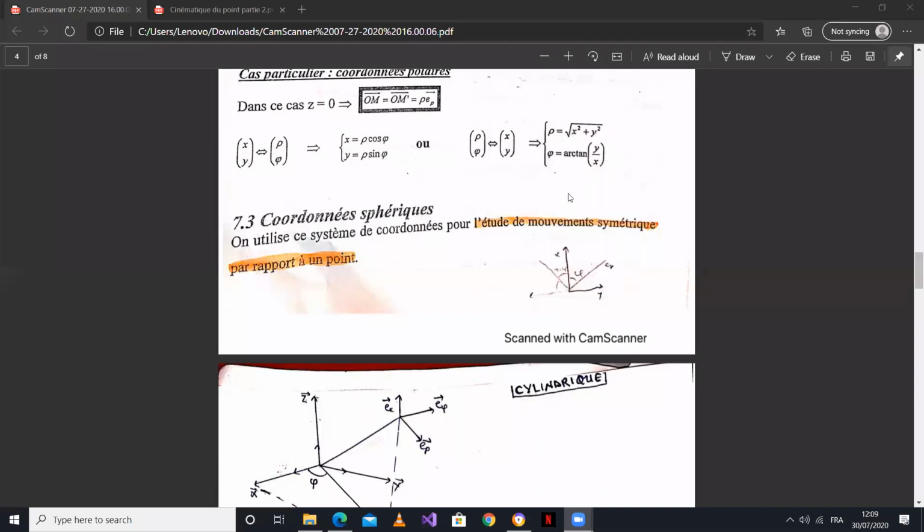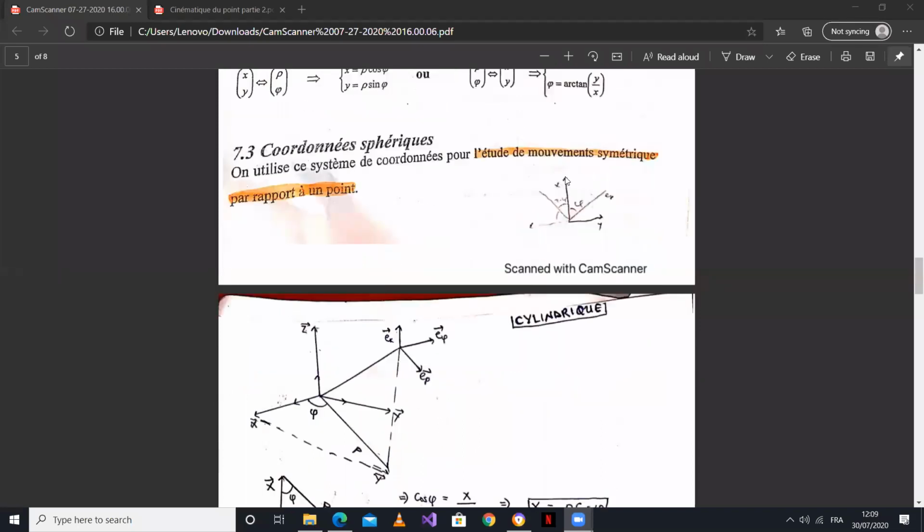So today we are going to advance from there. We are going to look at the spherical coordinates, and afterwards we can begin the velocity and acceleration vectors. It won't be long.